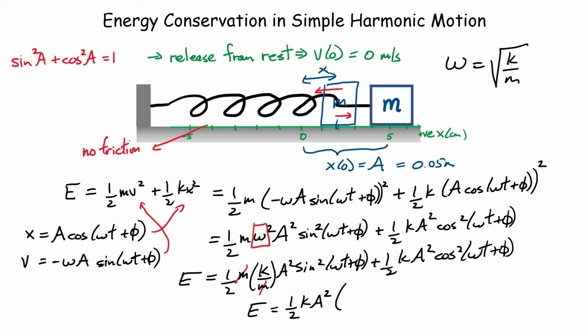Everything here is equal to 1, because you have sine squared of something plus cosine squared of the exact same term. So we use that trigonometric identity to simplify this. It's equal to 1, so at the end we don't even write this term. The total energy is equal to this, and that is all spring potential energy in this case.